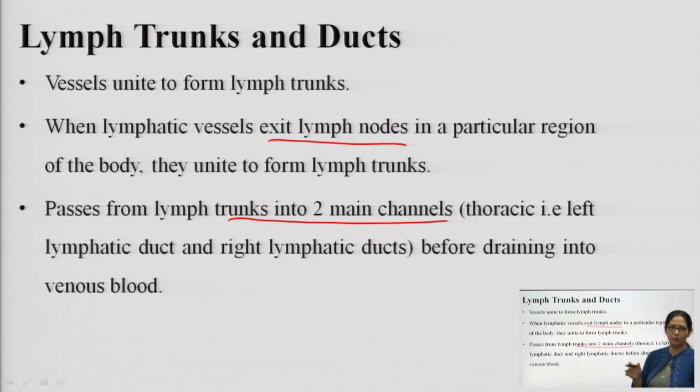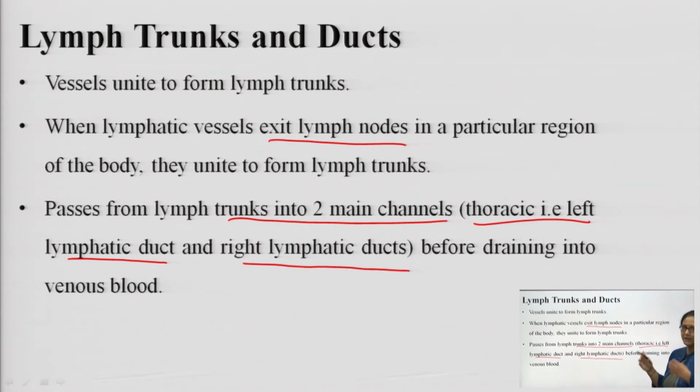We can divide the lymph trunk into two parts. Number one, the thoracic or right lymphatic duct. A duct is a union of lymphatic vessels into the lymphatic trunk.